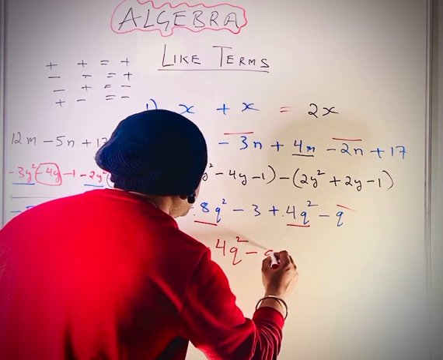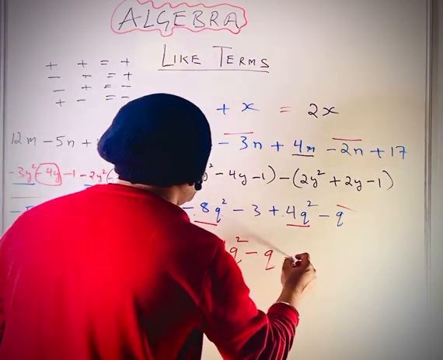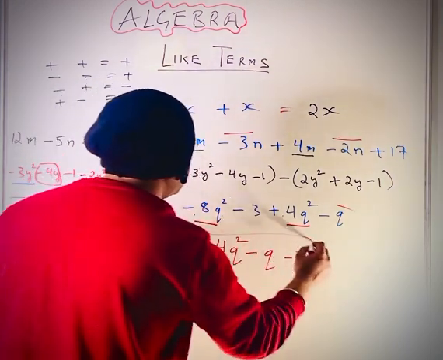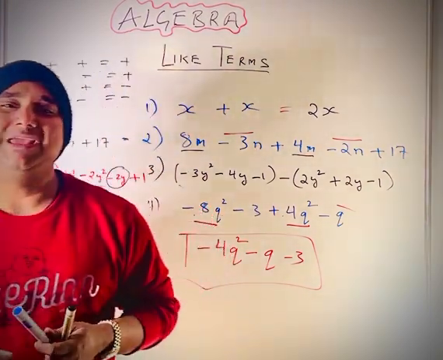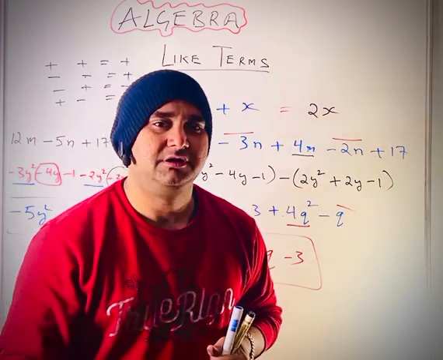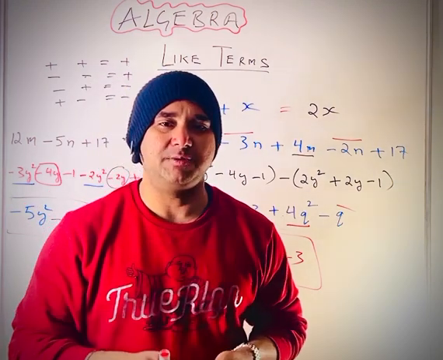It'll stay the way it is, minus q, and minus 3 is there by itself, it'll stay the way it is. So this is the simplest form of this question. Now that's how you actually add and subtract the like terms in algebra.